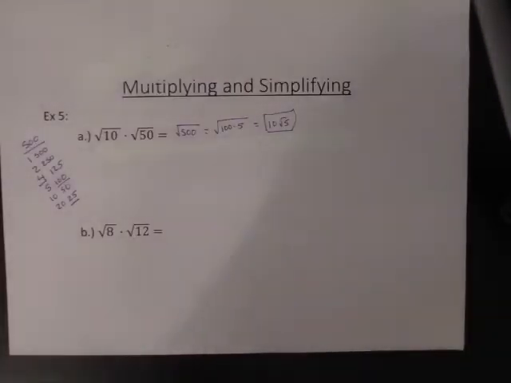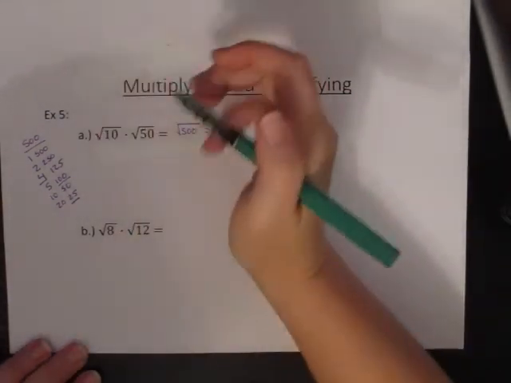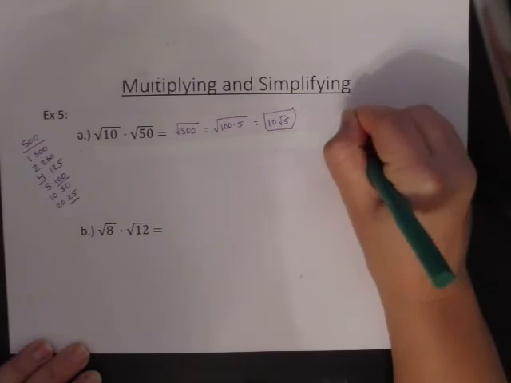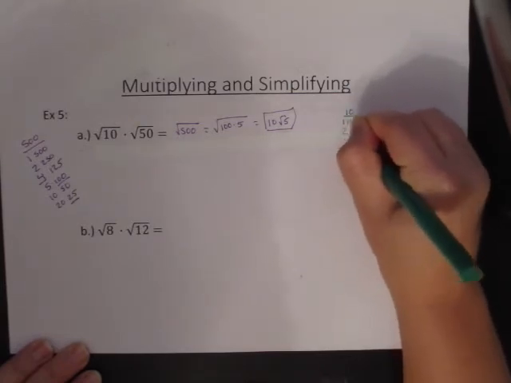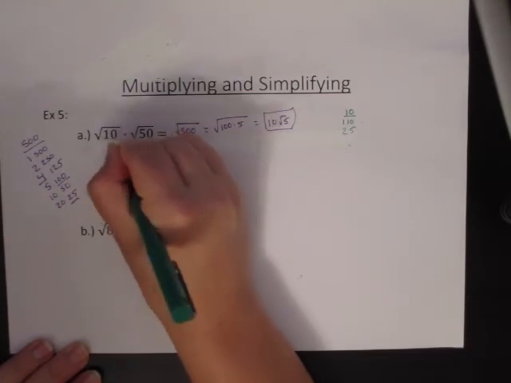Alright, so another way that you can approach this problem is you can simplify these square roots, and then you can multiply them. So if I find the factors of 10, that would be 1 and 10 and 2 and 5. None of them are perfect squares, so I need to just carry down the square root of 10.